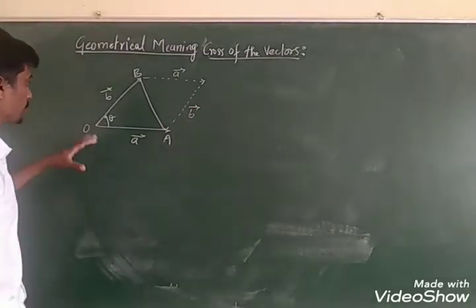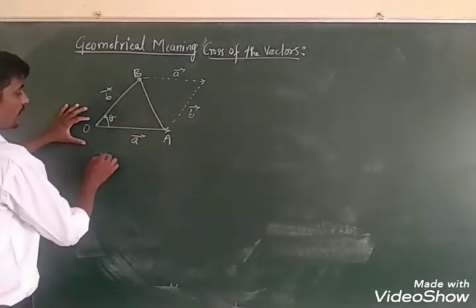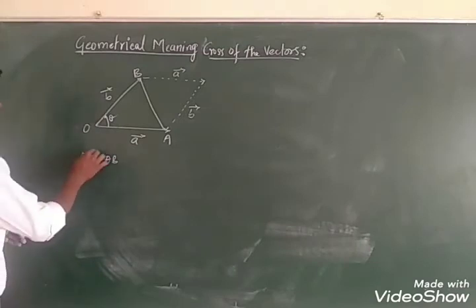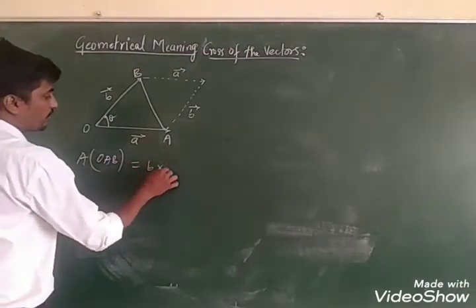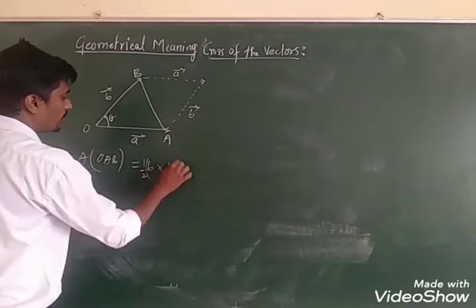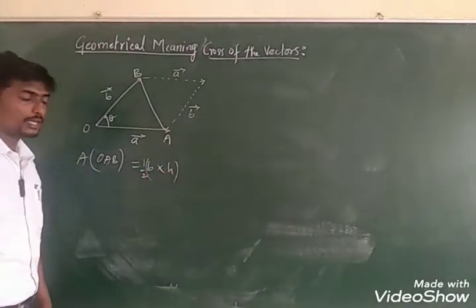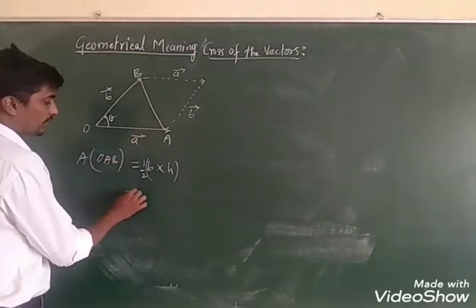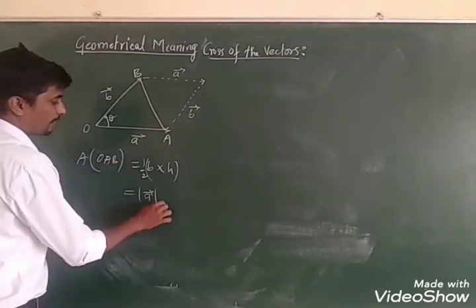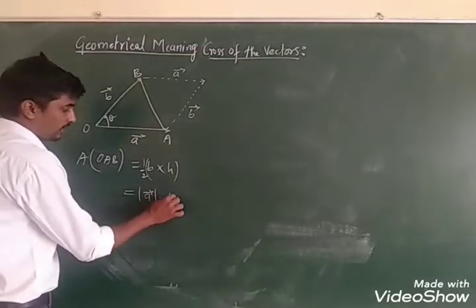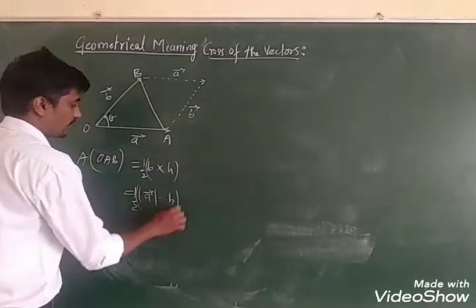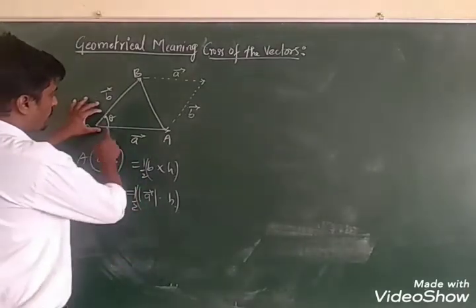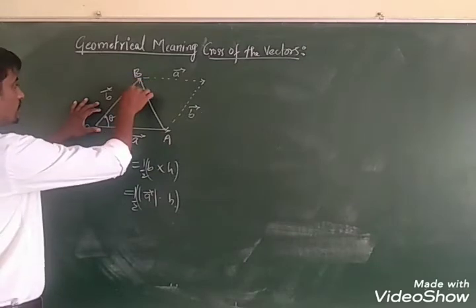If I consider this triangle AOB, its area is one half base into height. The base of this triangle is the magnitude of vector A. What about the height?